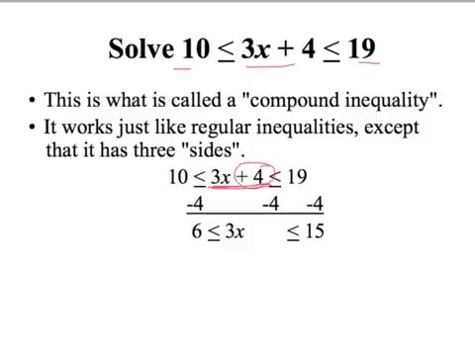So we subtract 4 from all sides, and we end up with 6 is less than or equal to 3x, which is less than or equal to 15. We now need to undo the multiplication, so we will divide all 3 sides by 3, and we end up with x is between 2 and 5.